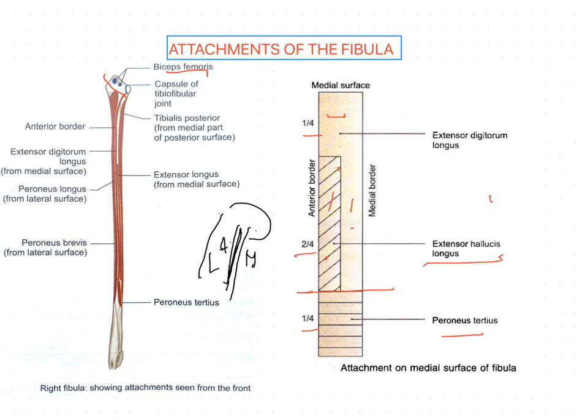This insertion is C-shaped. The fibular collateral ligament of the knee joint is attached within this C-shaped area.